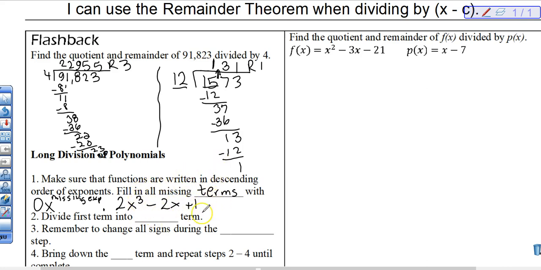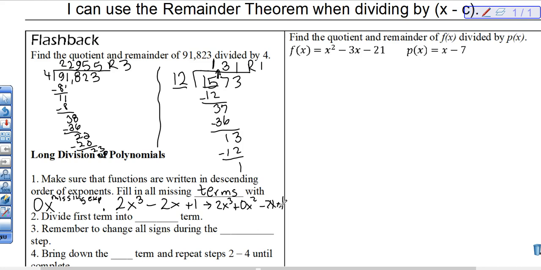So if I were to fill this in and rewrite it, I would write it 2x cubed plus 0x squared, because there aren't any, minus 2x plus 1. Okay, so it's really important, especially when you're just starting out with this. After you get a little more proficient, you can kind of just skip over and just make sure you keep all your exponents lined up. But for now, we're going to use it as a placeholder.